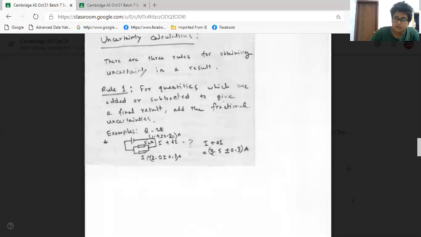We are using two ammeters in two branches. One of the ammeters has accuracy level 0.1 ampere, like the smallest value it can measure accurately is 0.1 ampere.